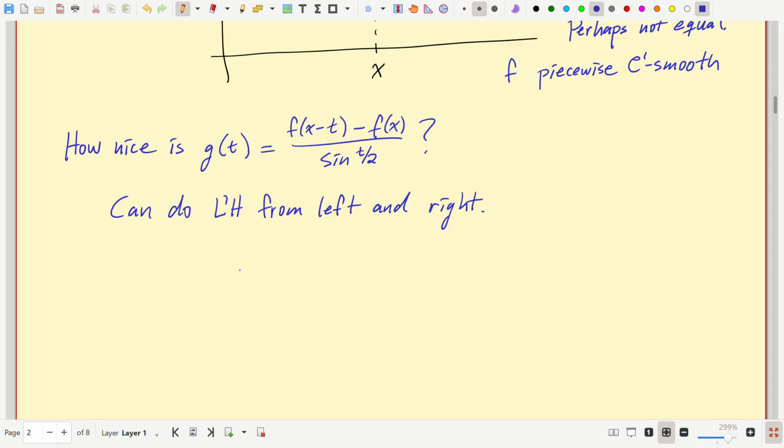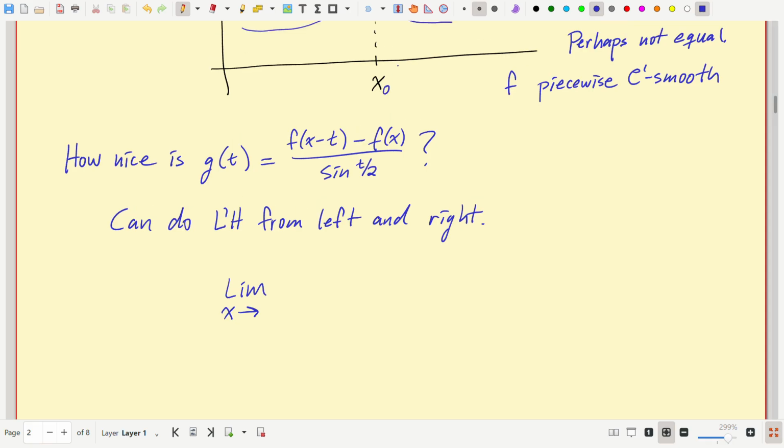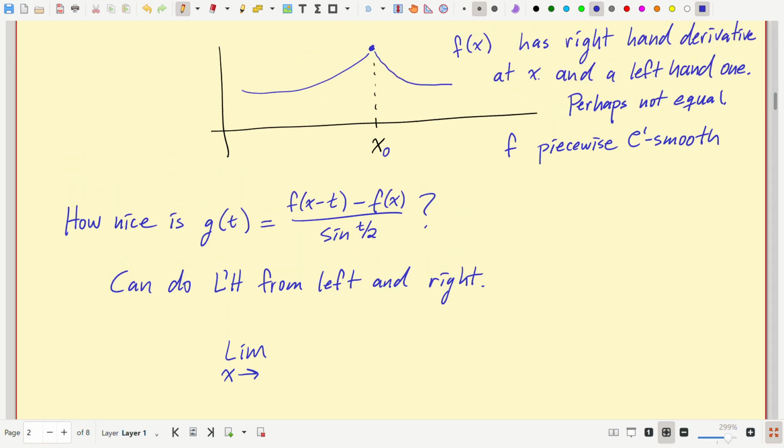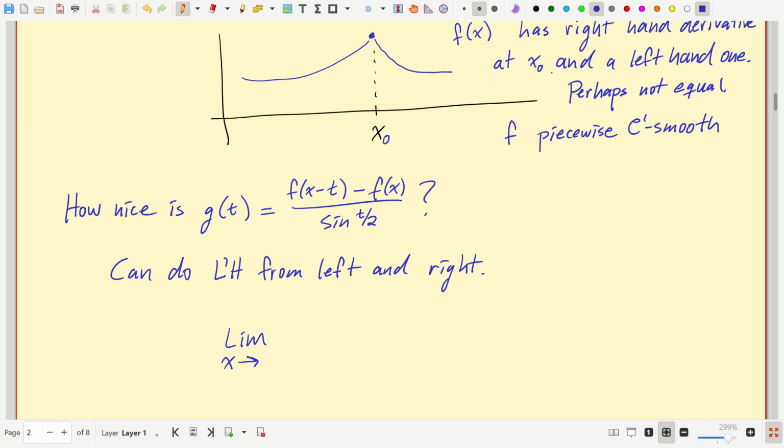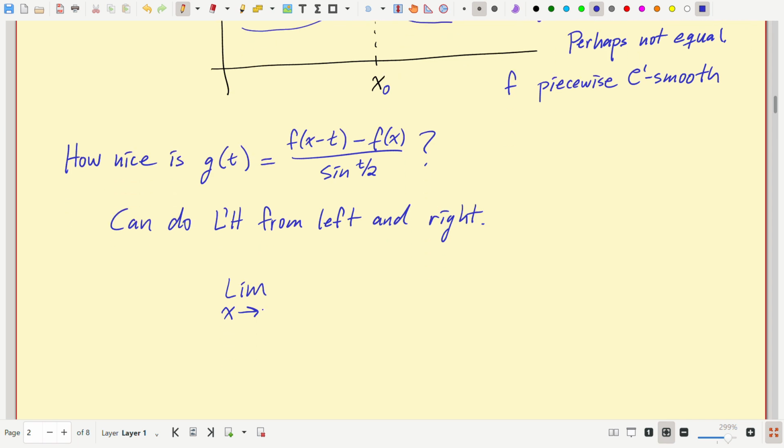And remember the calculation was that L'Hopital said the limit. Oh, I'll just do this. The limit as x goes from. Oh darn! I have an x there. Let me call this an x naught. Okay, the limit as x goes to x naught from the plus side of the derivative, not of the derivative, of this thing, over sine t over 2.